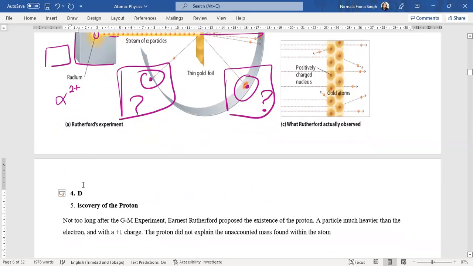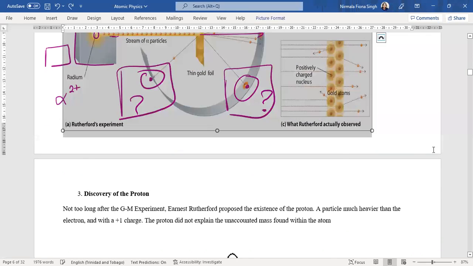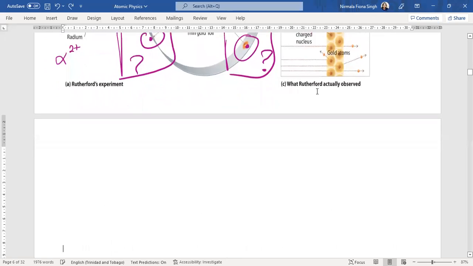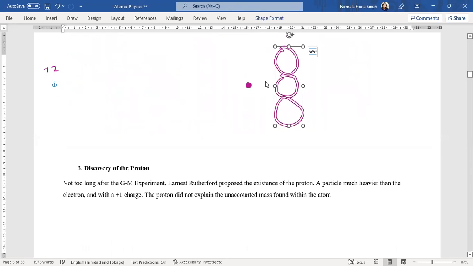All right, so let's just get some space here. If I have an atom here, one atom here, one atom here, and I have my little alpha particle, which has a +2 charge, my alpha particle should just fly through my atoms.